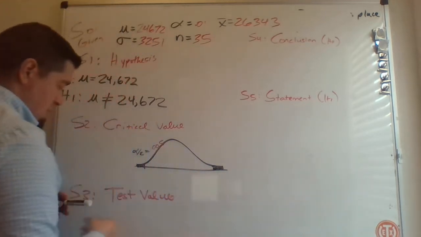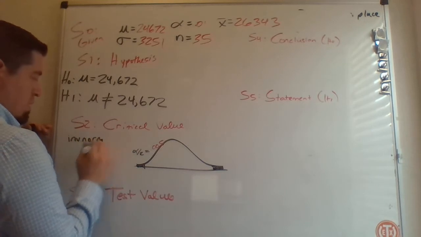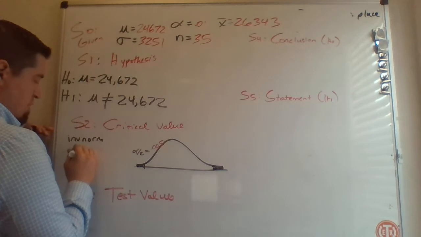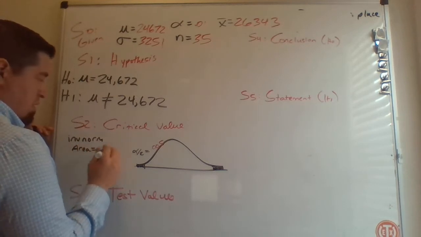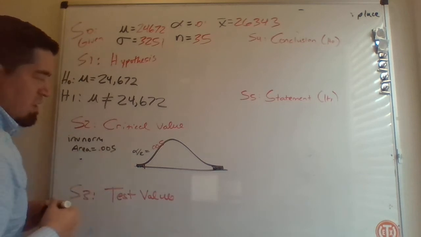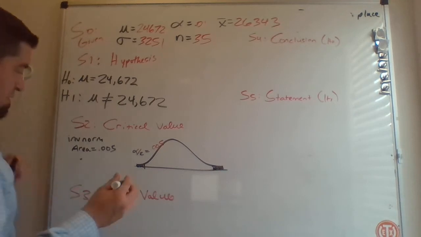So again, I'll write it. Inverse norm is to calculate our z critical. It's going to give us an area of alpha over 2 because it's two-tailed, with mean of 0 and standard deviation 1, but I'm not going to write that. Once I calculate that, I end up with negative 2.58.